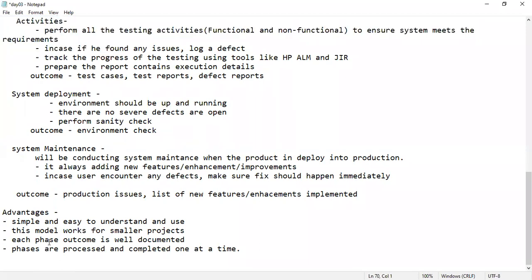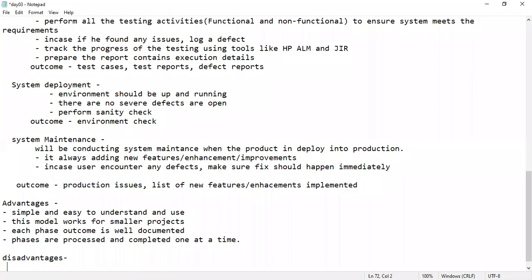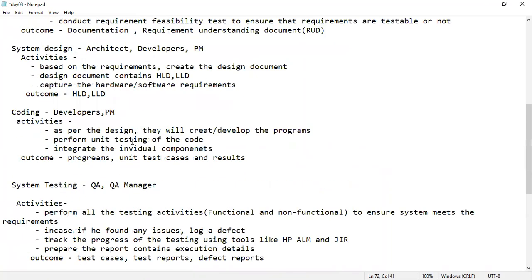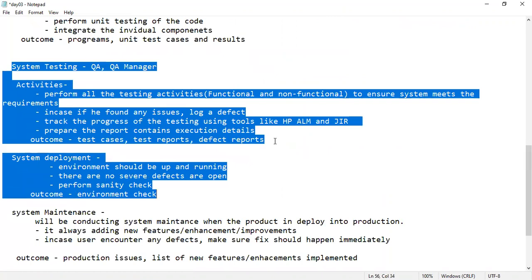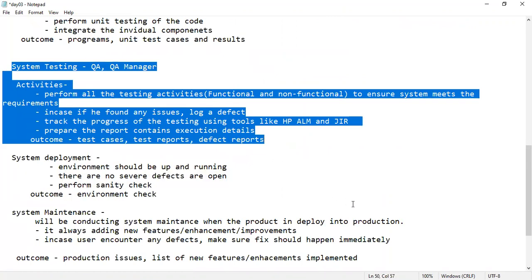What are the disadvantages of using the waterfall model? We cannot move back to the previous phase. That means you are in the testing phase, you found something new, and you want to add that new requirement.